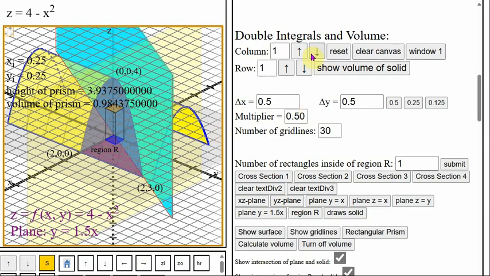And then here's the next rectangular prism. Notice that for many of the rectangles here, only part of it is inside the region R. So obviously we're going to be overestimating the volume of the solid here.